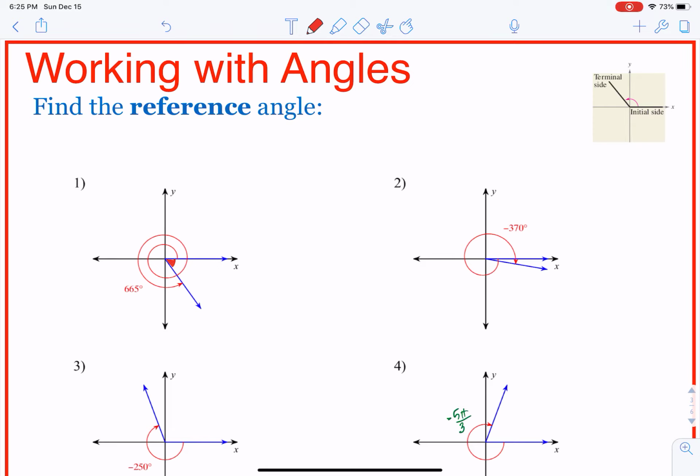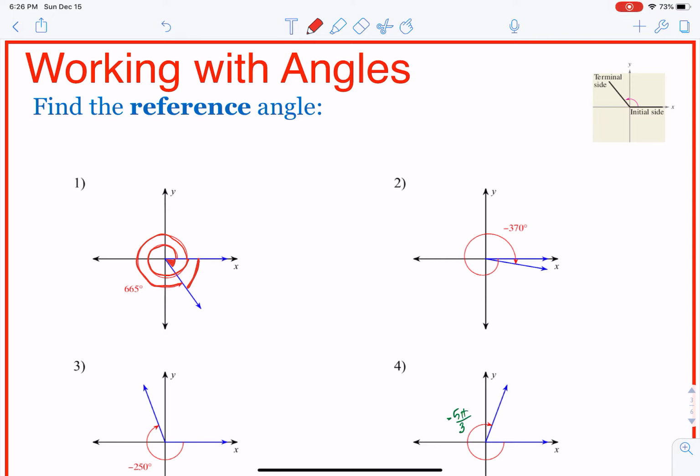Although this angle that's drawn here starts here, goes around 360 degrees, and then goes around again, we can measure that as 665 degrees. I want to know, what's the measure of the angle that's attached to my x-axis?